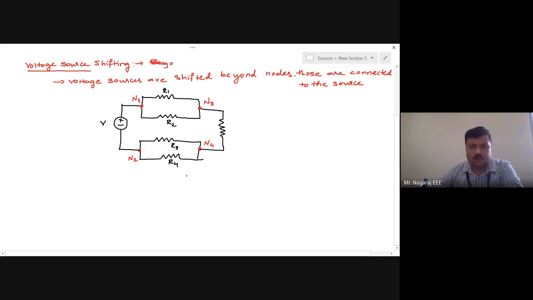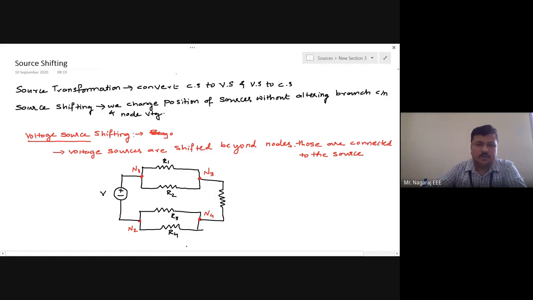Now what should we remember when I want to shift the voltage source? This is extremely important: the potentials of the components should not change. Here we have written that in source shifting we change the position of the sources without altering the branch currents and node voltages.